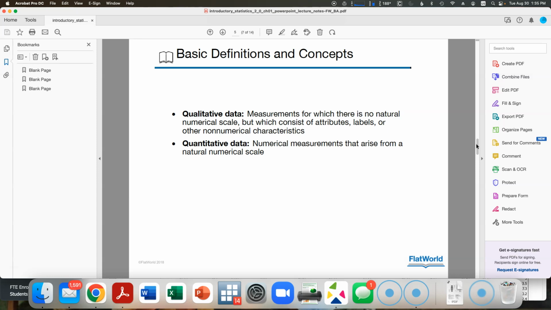So those would be categorical variables or qualitative data, as opposed to the quantitative data where we have a natural numerical scale, something like how old is the car, right?